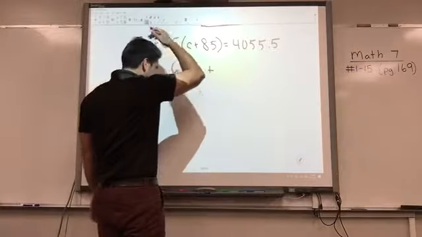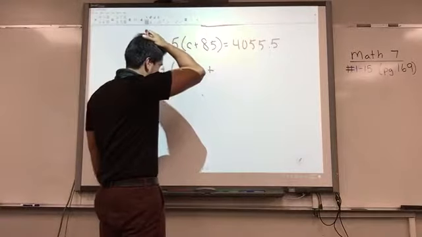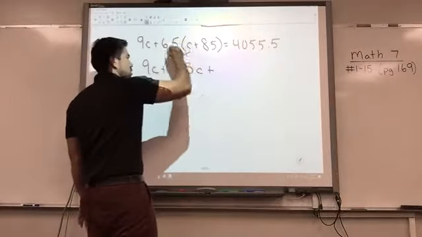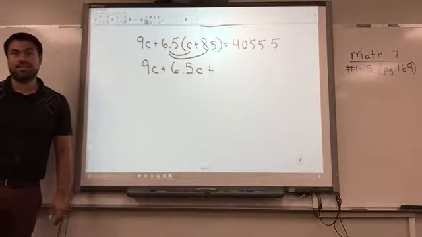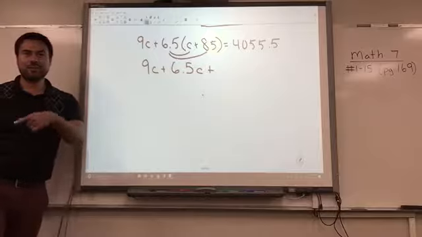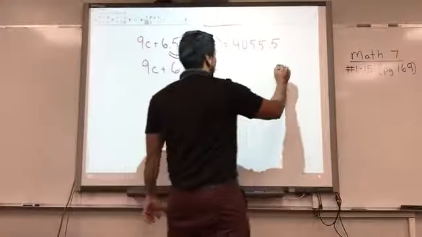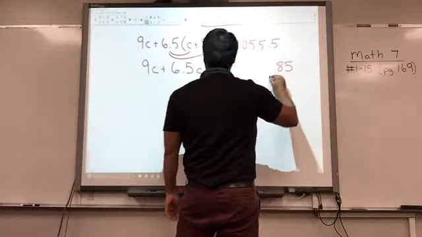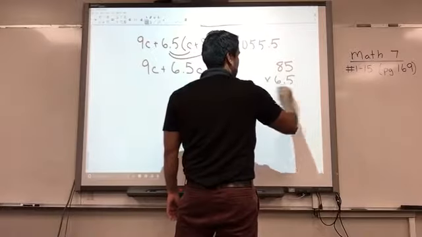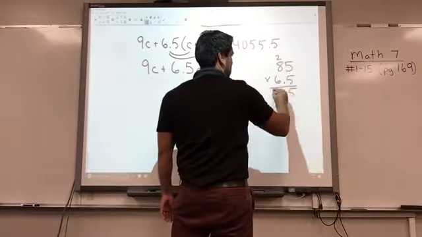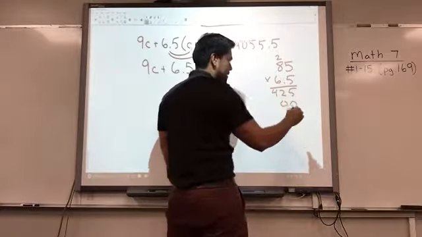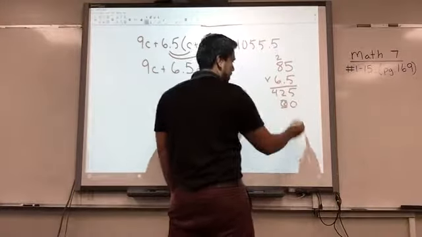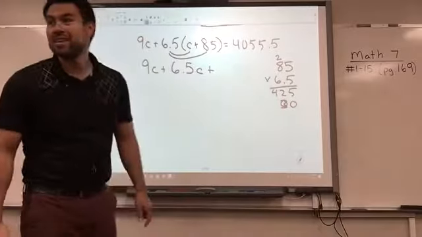What's 6.5 times 85? Because you're doing the distributive property. What's 6.5 times 85? You can look at your paper. Okay, I'll figure it out here. Sorry, I messed something up.